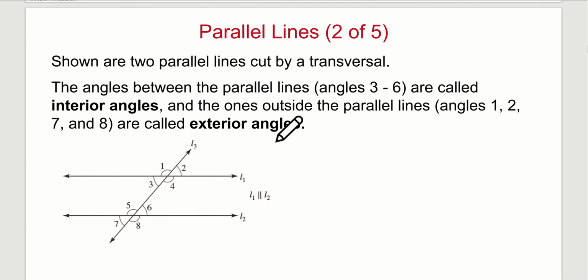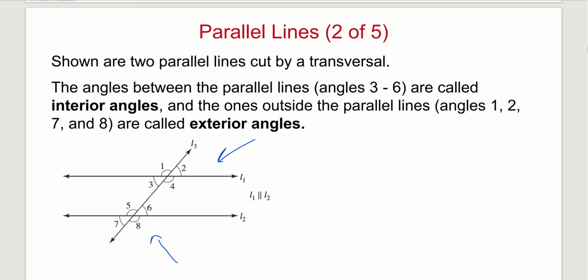When two parallel lines are intersected by a transversal, it creates a total of 8 different angles. We can see up here where the L3 line intersects L1, we have a 4-angle configuration which is labeled 1 through 4. And then down here we have 4 more angles labeled 5 through 8 that are also present.